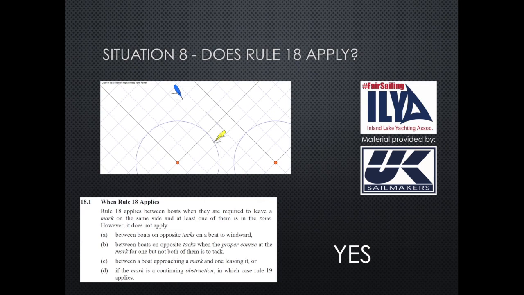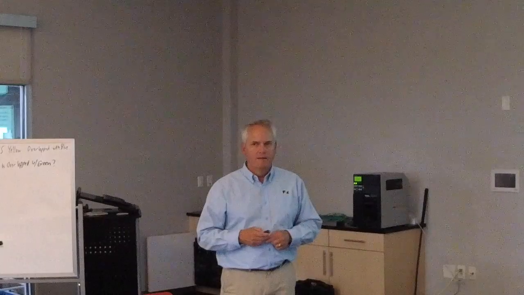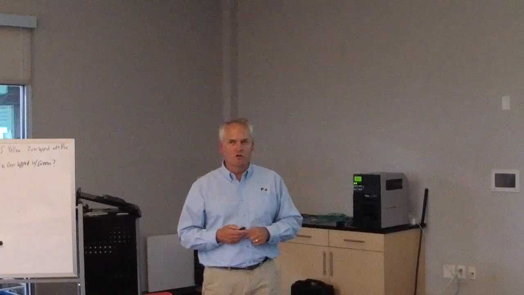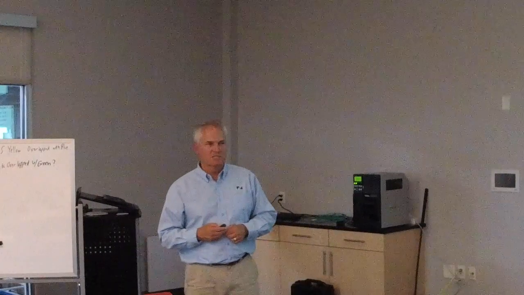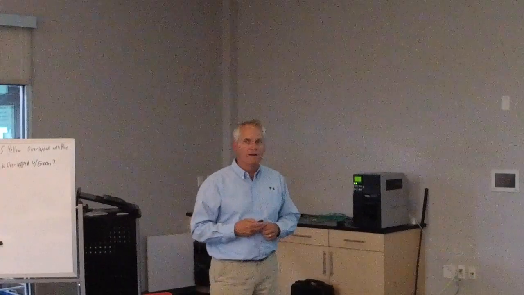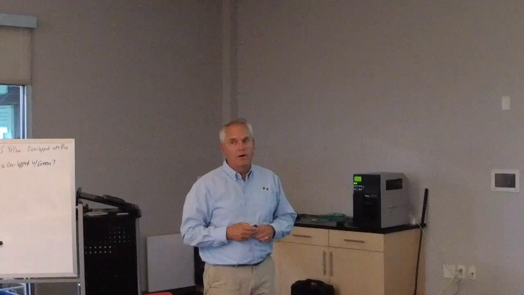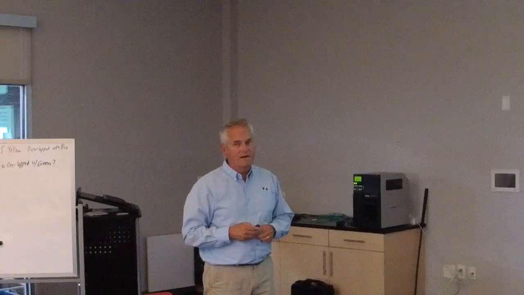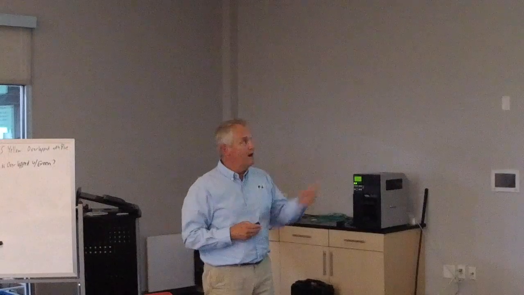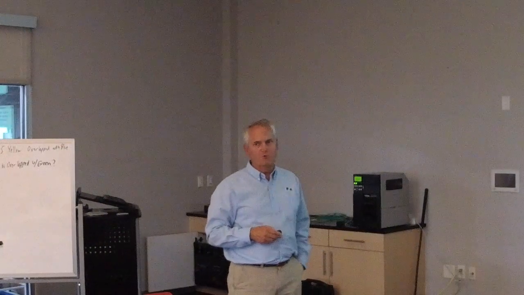If you went into a protest hearing as yellow and asserted that you broke that overlap right at the last second, you should expect a lot of questions from the jury as to how exactly you did that. Most savvy juries are going to ask you a bunch of questions to say, is that really what happened or not? So it is a valid tactic, but if it's not obvious, odds are blue's going to have a very different point of view on that.